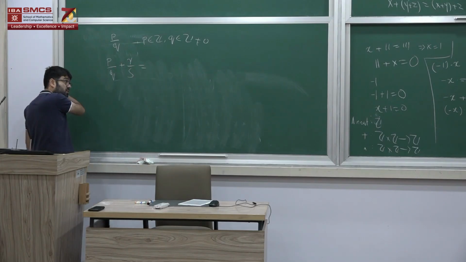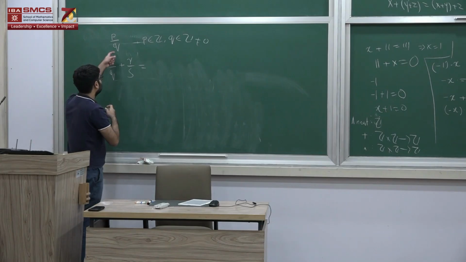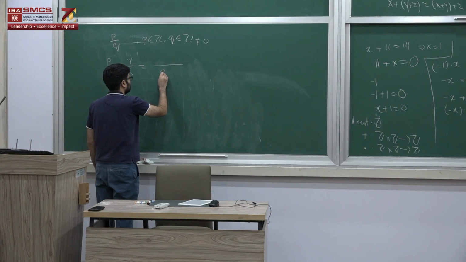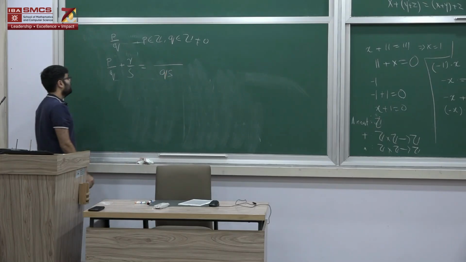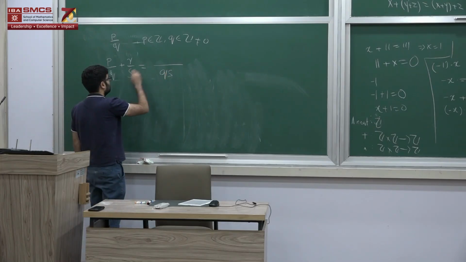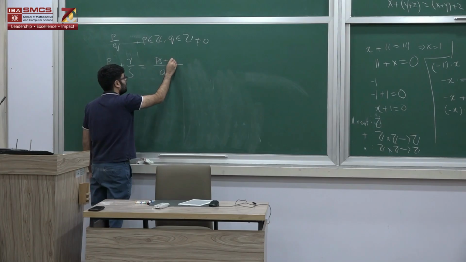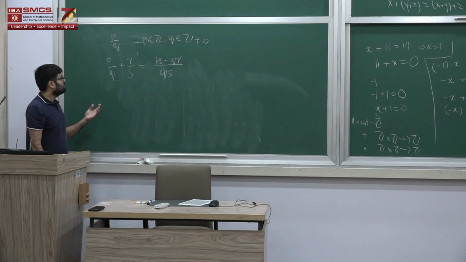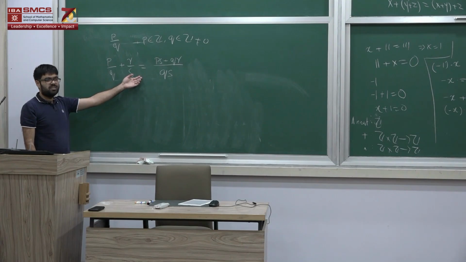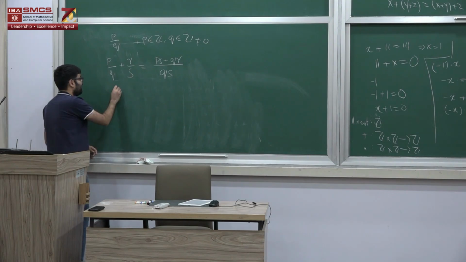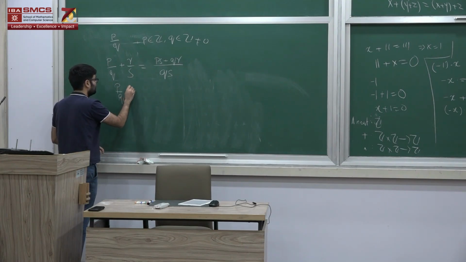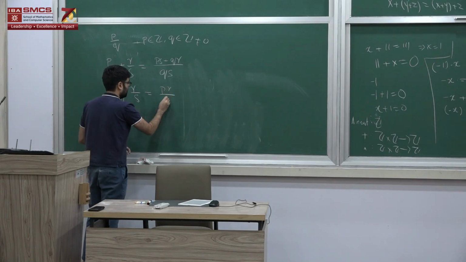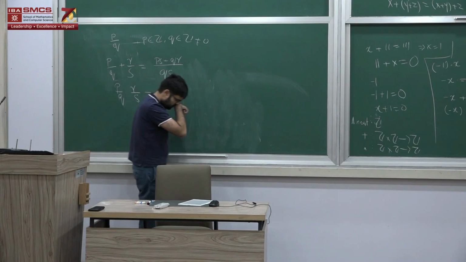I want to write it in the form of a ratio of two integers, so I will write qs in the denominator and ps plus qr in the numerator. This is familiar from 6th or 7th grade. When are we taught this first? Okay, and p over q times r over s is pr over qs.